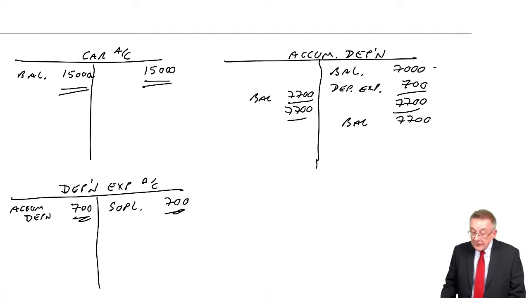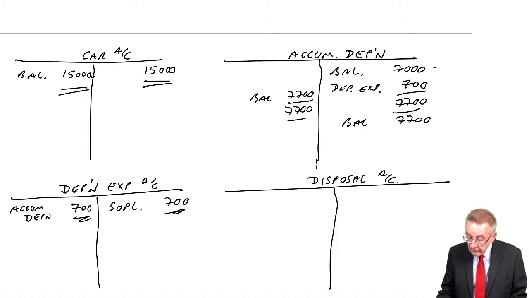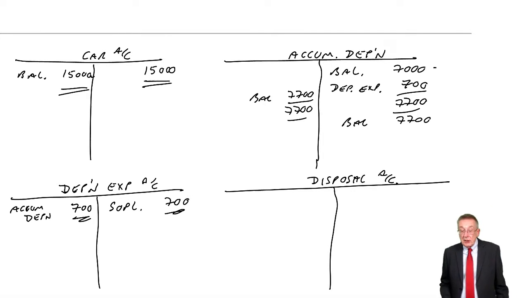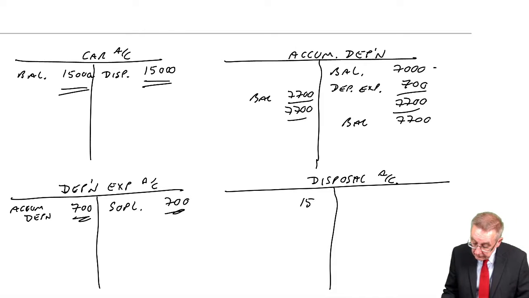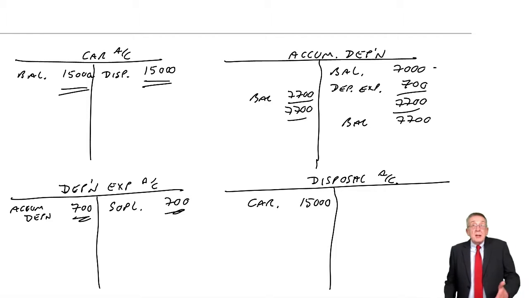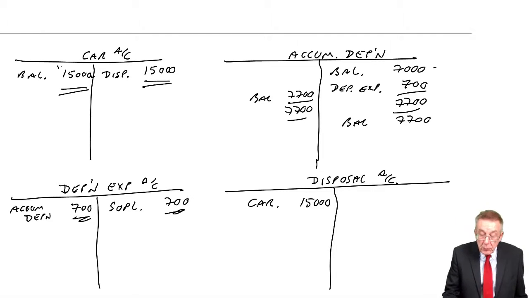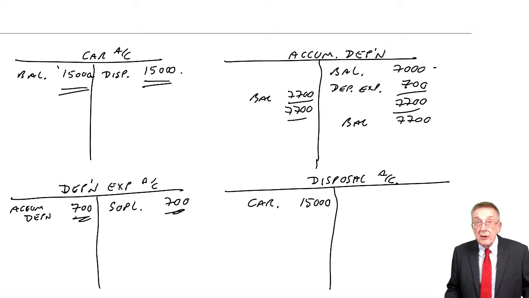The double entry, we create one new account called disposal account. We credit the car account, we debit the disposal account. And the car has now disappeared. Had there been lots of cars, the balance would be the total cost of all the cars. Remove the cost of the car that's been sold, and the balance left will be the cost of the cars that still remain.